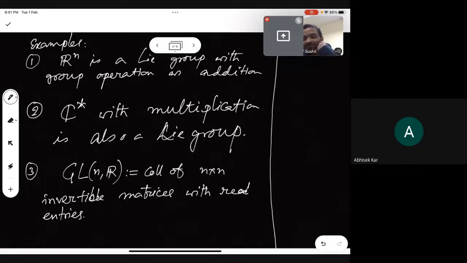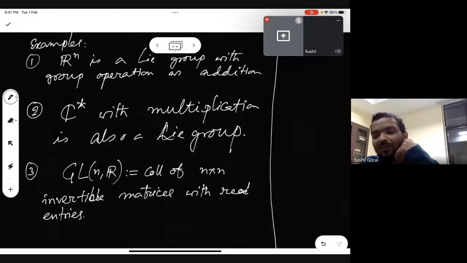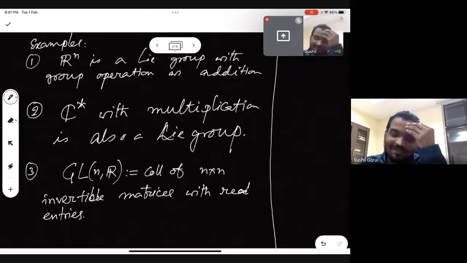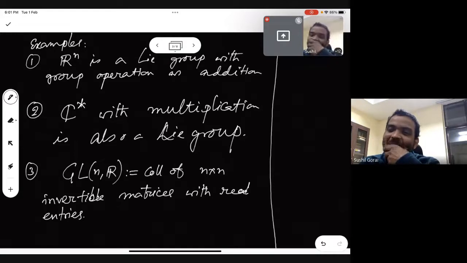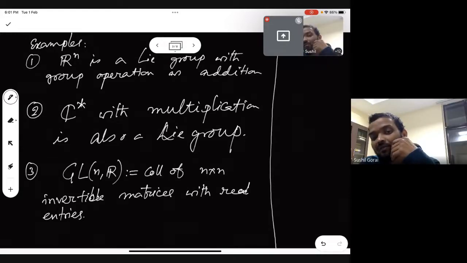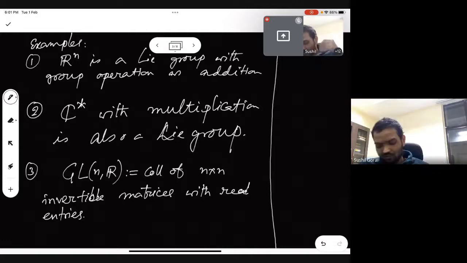Sir, GLnR is homeomorphic to a subset of Rn square, so it's a manifold.